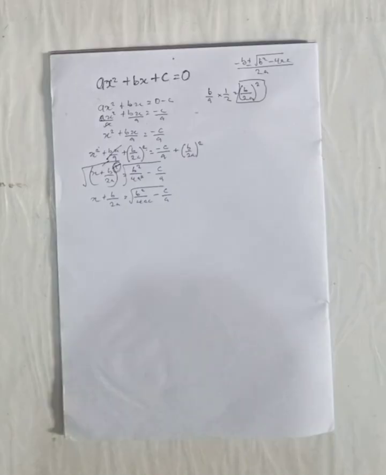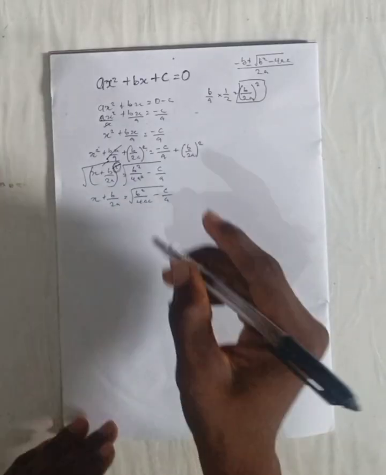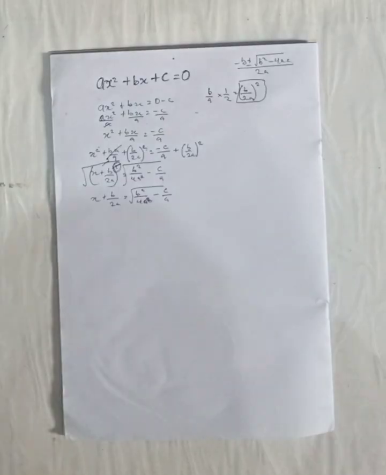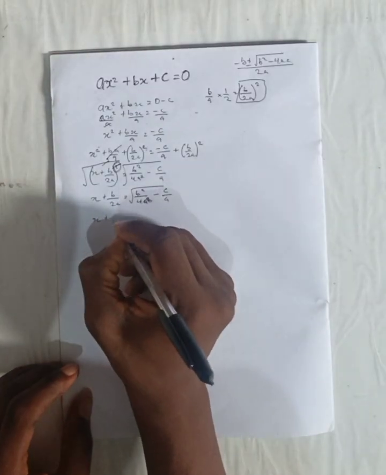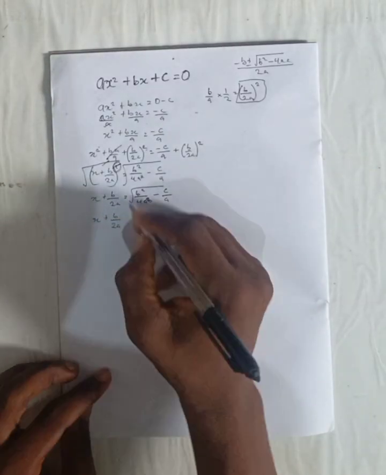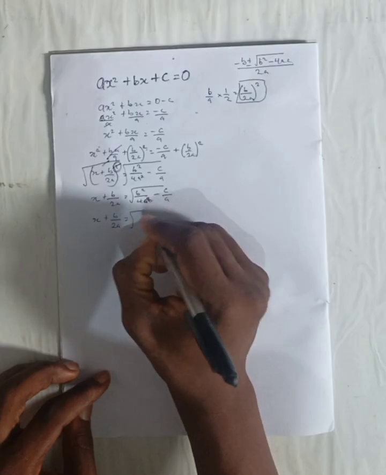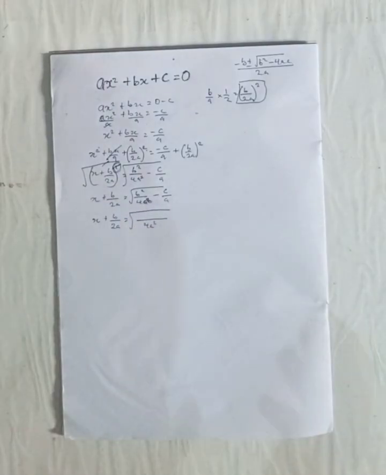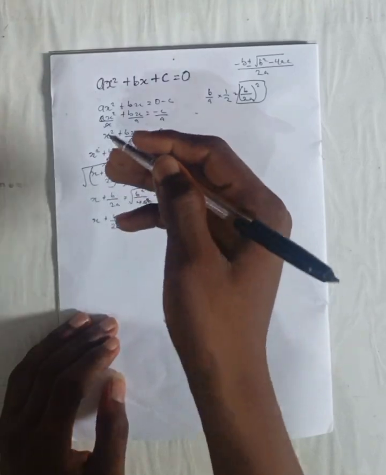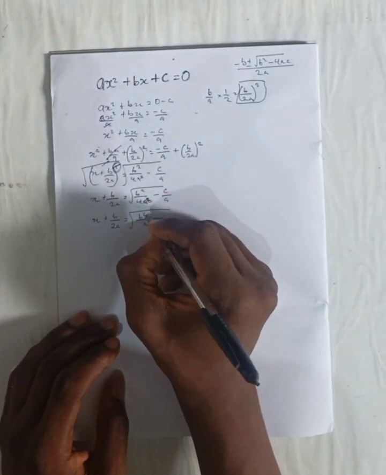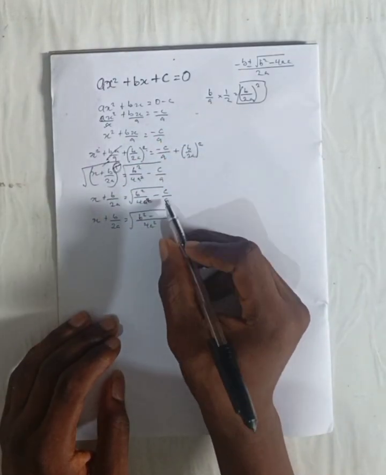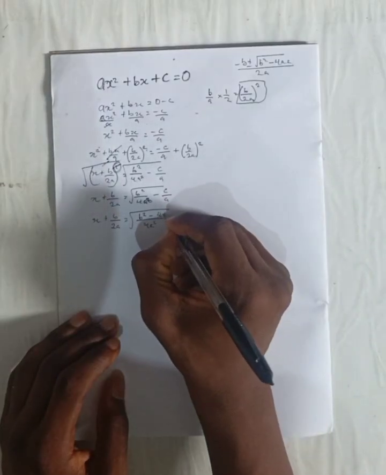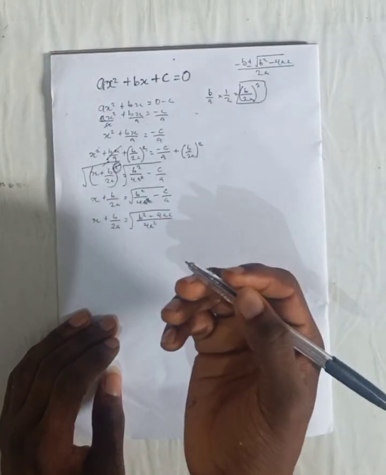What you need to do next is to find the LCM of 4a squared and a. So that's x plus b over 2a equals the square root of, LCM is 4a squared, and 4a squared times b squared over 4a squared is b squared, minus, if you divide, 4a times c, that's 4ac.